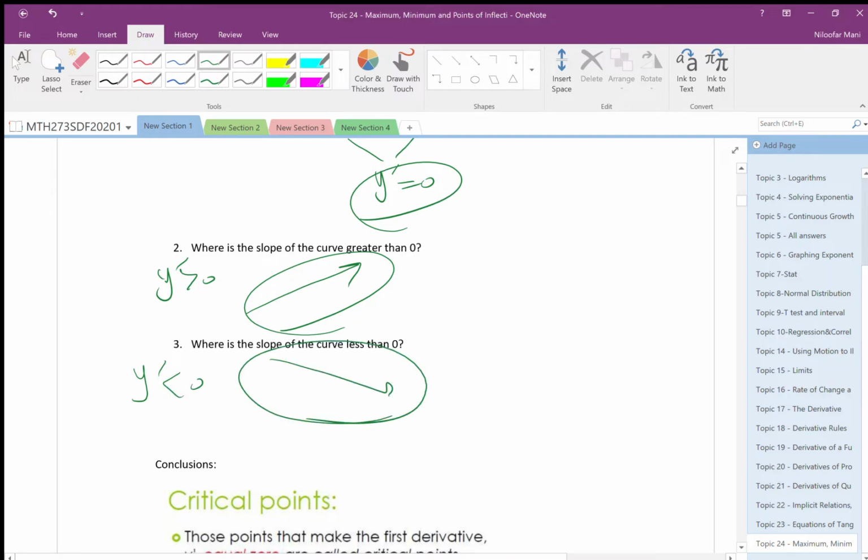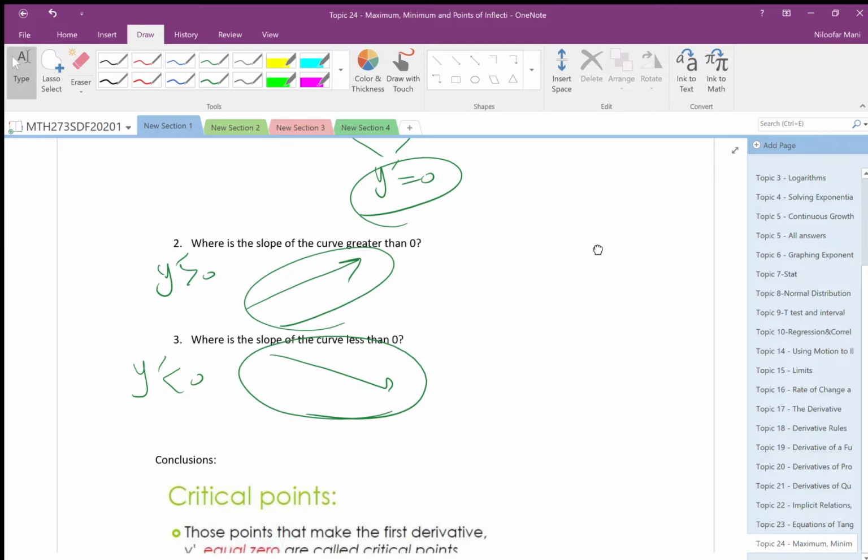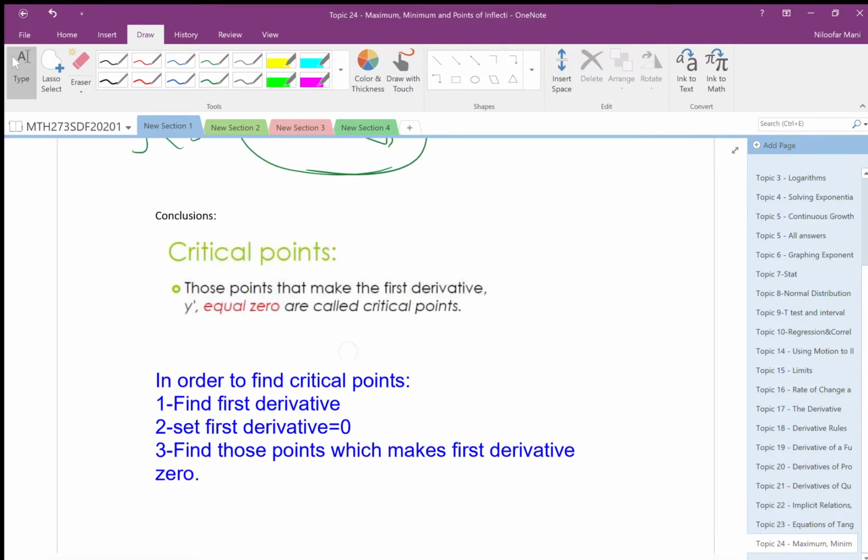Okay, by just looking at these things, mathematicians made this fact that they can define critical points, and then they can link those critical points to maximum and minimum. So they just made a definition.